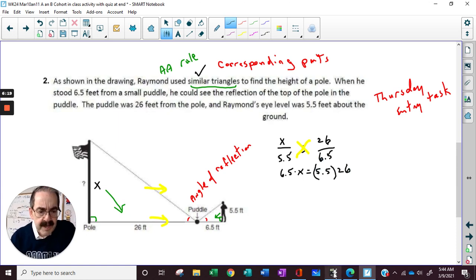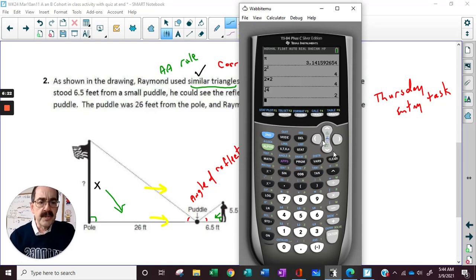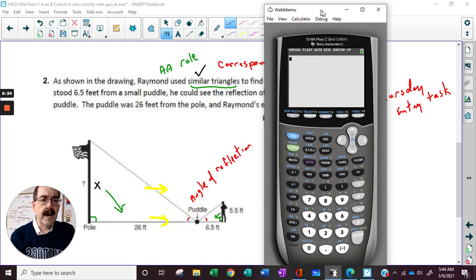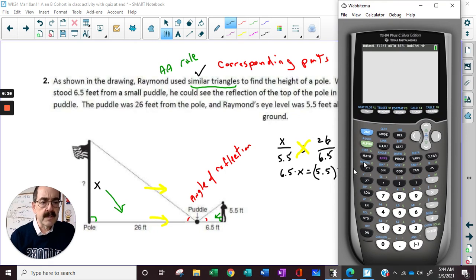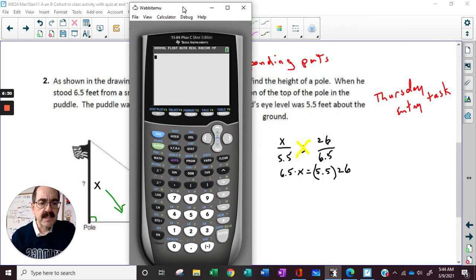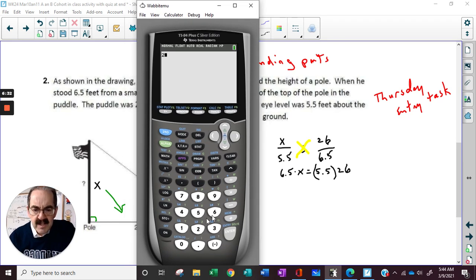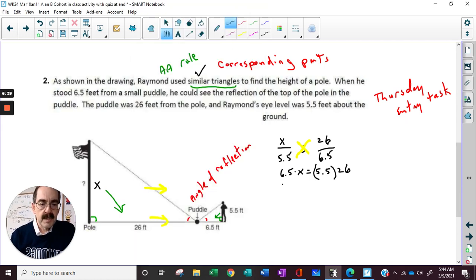Now, rather than use my handheld, I want to get used to using the TI on the computer here. So, what do we have? 26 times 6.5, and we get 169. So 6.5 x's is 169.